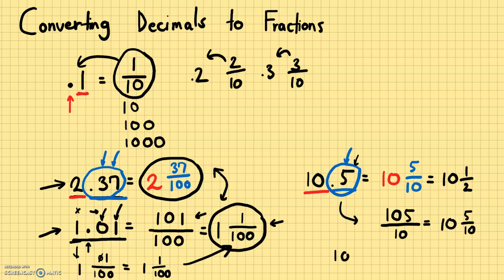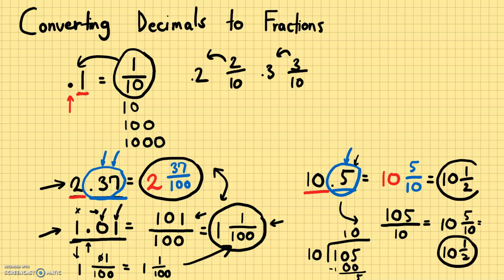If you don't believe me, you can try the division here. Okay, it's going to be 10 with a remainder of 5. Okay, and then you reduce, you get the same answer. So that's how you change a mixed decimal to a mixed number and decimals to fractions.